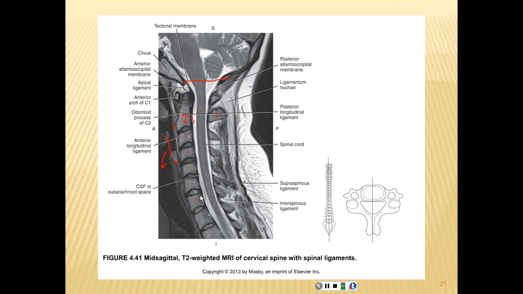So where you have C7, you can have the nerve of C7, the nerve of C8, and the nerve of T1. Remember, you have 7 cervical vertebrae, but you have 8 cervical nerves. So during the T-spine, instead of the nerve exiting above the vertebra, the nerve begins exiting beneath it.